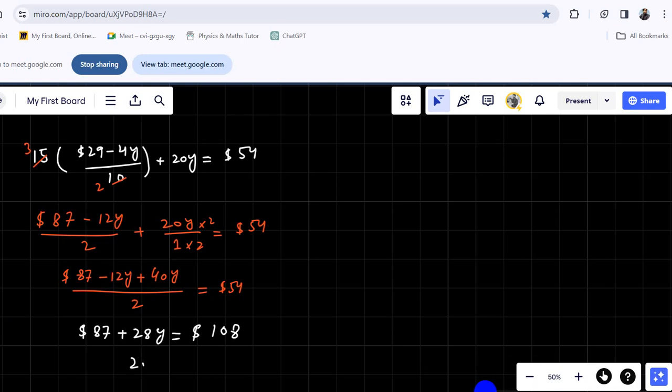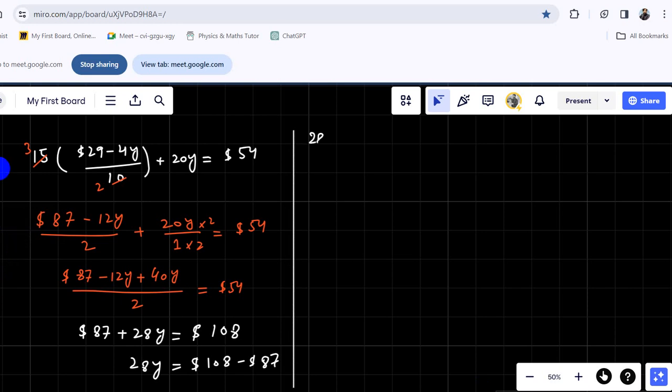So it's 28y equals 108 minus 87. What will be 108 minus 87? It is 21.